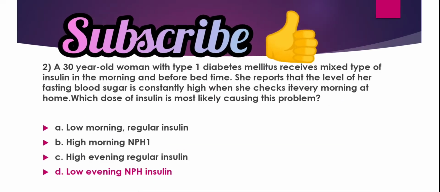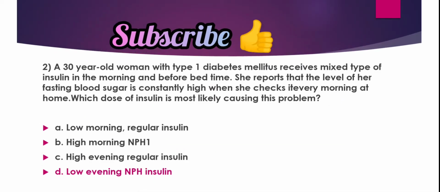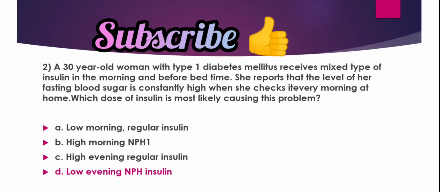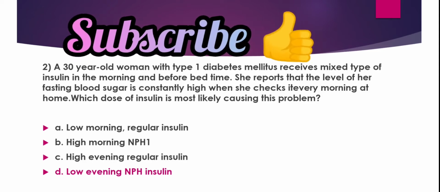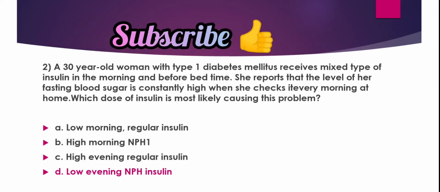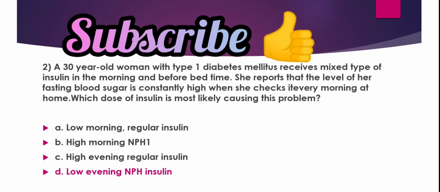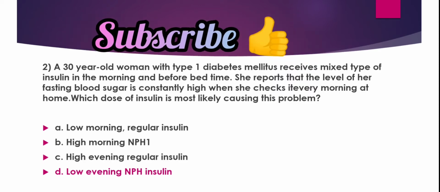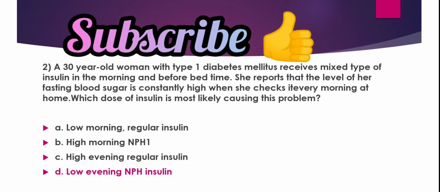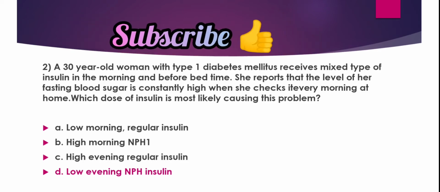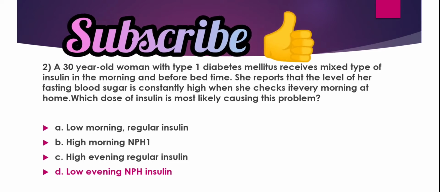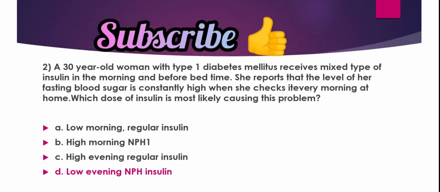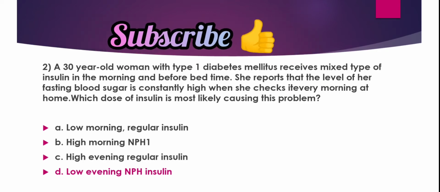Question number 2. A 30-year-old woman with type 1 diabetes mellitus received mixed type of insulin in the morning and before bedtime. She reported that the level of her fasting blood sugar is constantly high when she checks every morning.